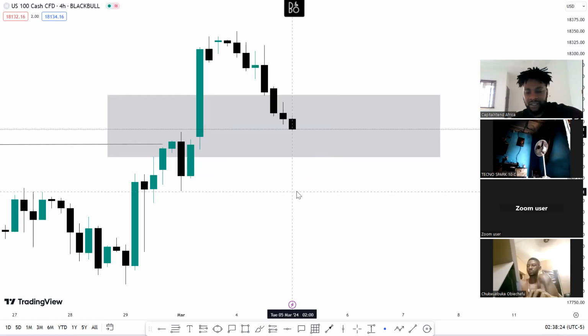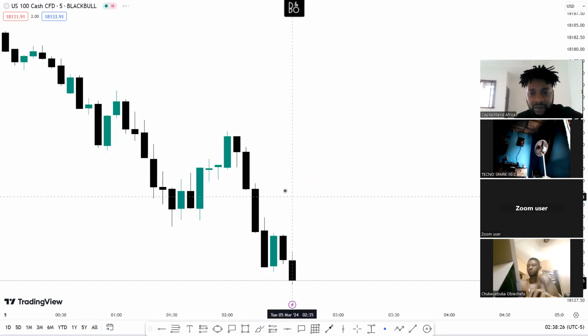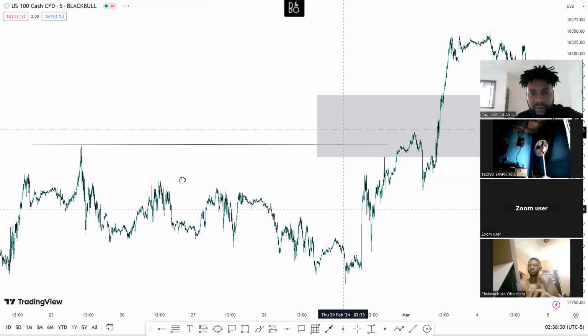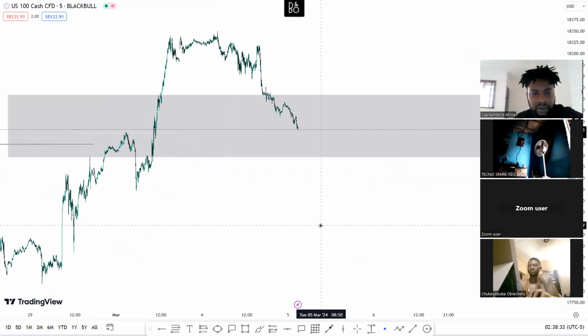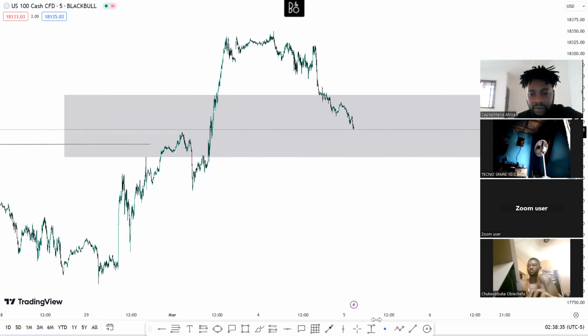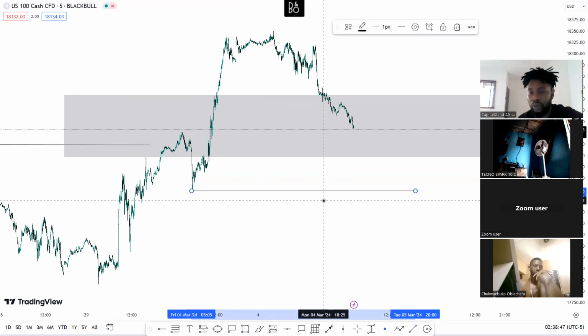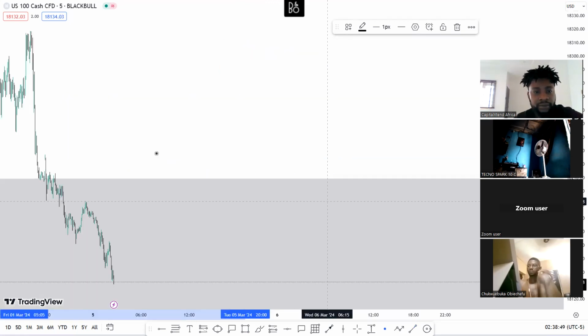But nevertheless, let's go down to 5 minutes straight up. Okay, so price might want to come and sweep this Friday low because this is a fresh low.